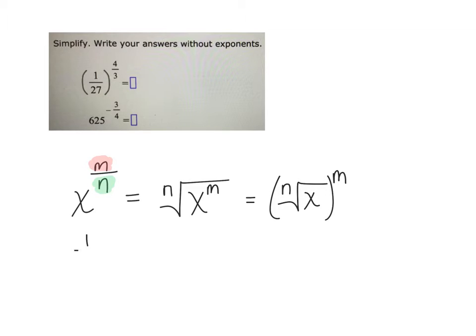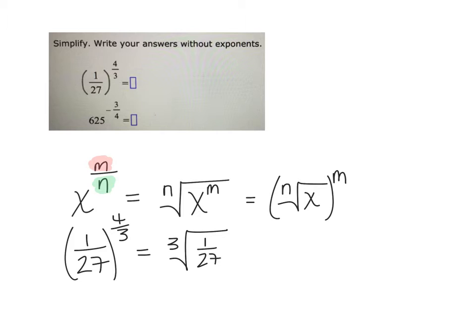So if we take a look at the first example, which is 1 divided by 27 raised to the 4/3 power, the denominator of the fraction in the exponent becomes the index. So this is going to be the cube root of 1 over 27 raised to the 4th power.